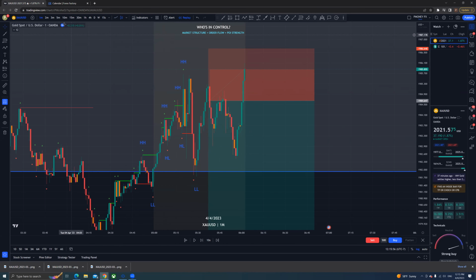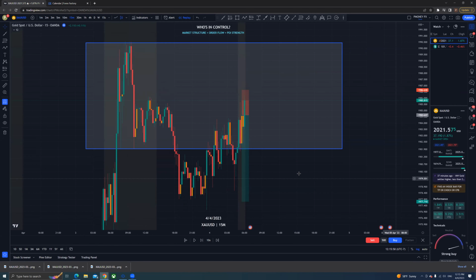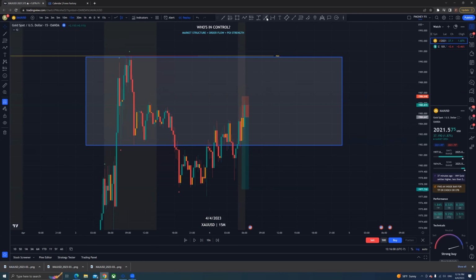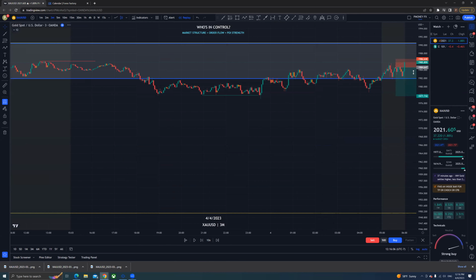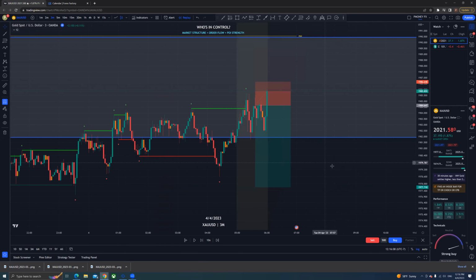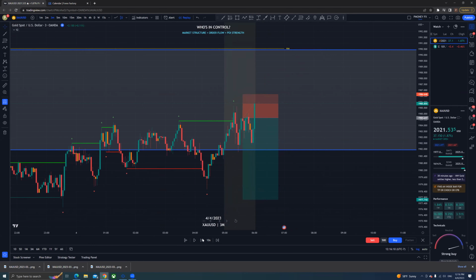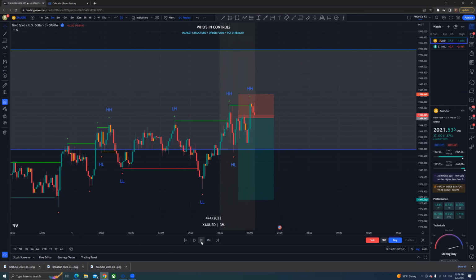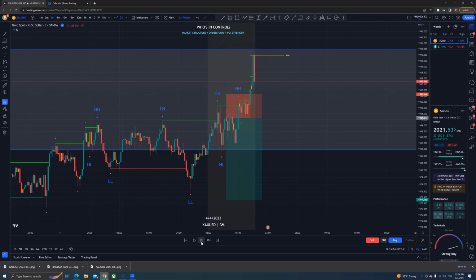That's why I like the 15-minute POI, especially one this big. That's why I like to go on a 3-minute, because on the 3-minute I wouldn't even have to deal with that type of stuff. It just won't even chop on a 3-minute.